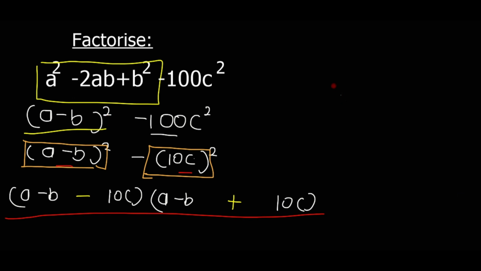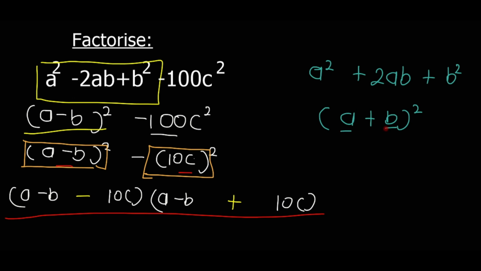Even if they give you something like a squared plus 2ab plus b squared, this is the same as when they write it as a plus b squared. They just take this one squared and this one squared, and when we get the middle term we take this one times this one times this one and we get 2ab. These are the things we must check every time when you factorize using a grouping method. So that's it anyway, and this is our answer.